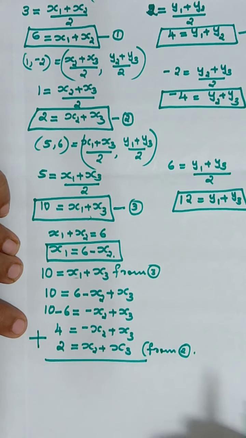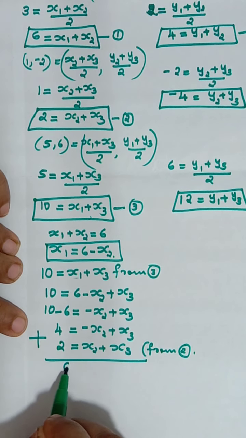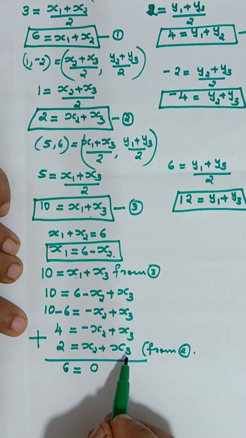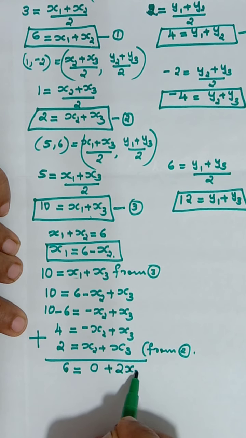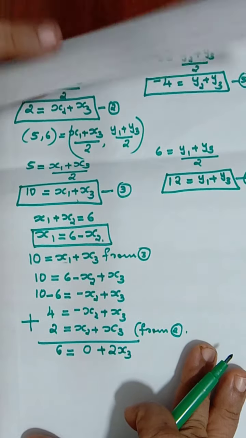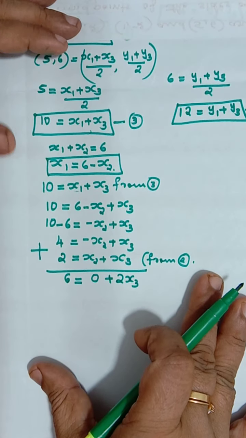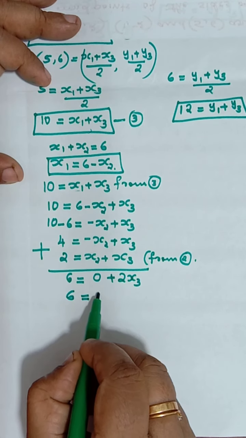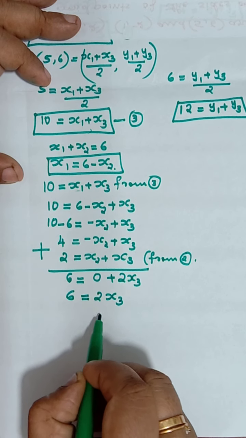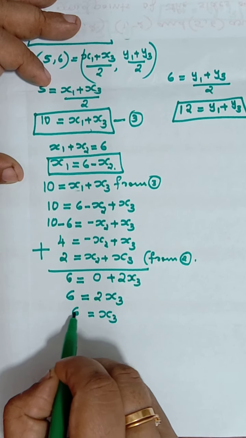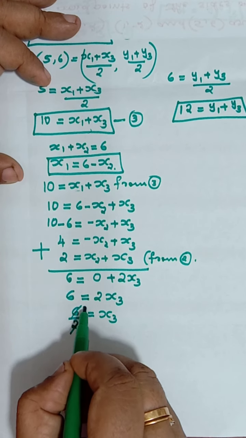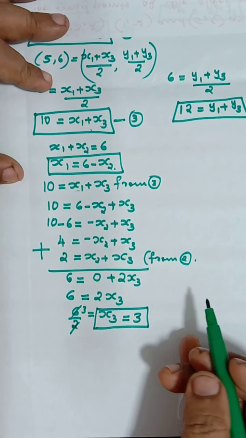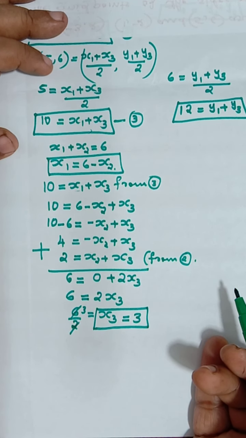For elimination we add: 4 plus 2 is 6, that is equal to minus x2 plus x2 is 0, x3 plus x3 is 2x3. So 2x3 is equal to 6. Therefore x3 is equal to 6 divided by 2, x3 is equal to 3. This x3 value we can substitute in any equation and get the answer.